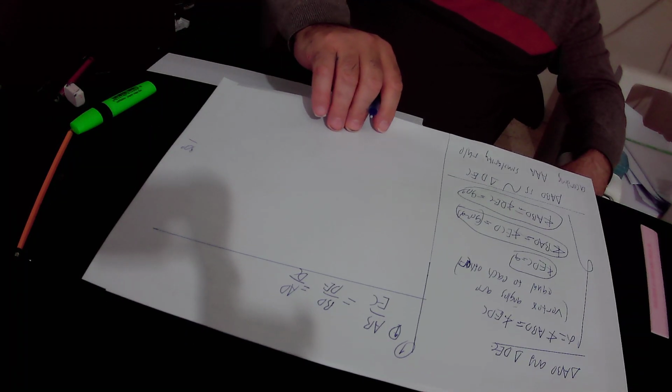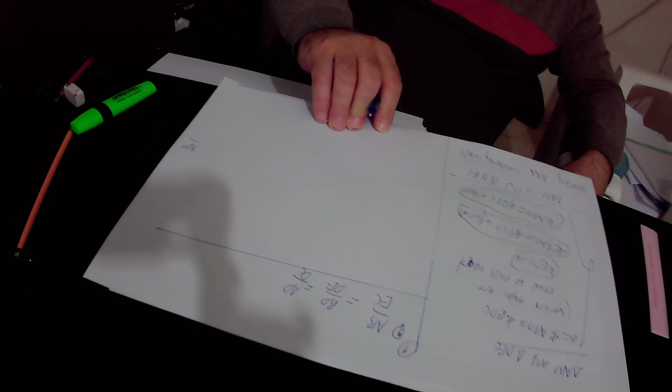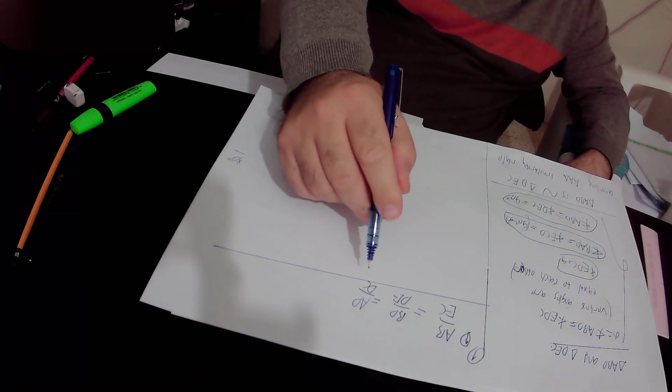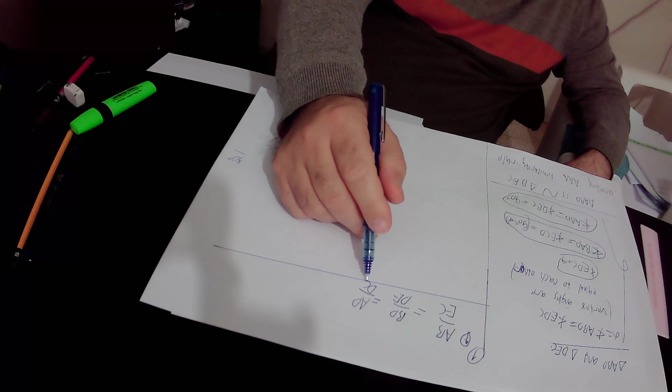I'll repeat again. From the fact that the two right triangles are similar, AB over EC equals BD over DE and it is equal to AD over DC.